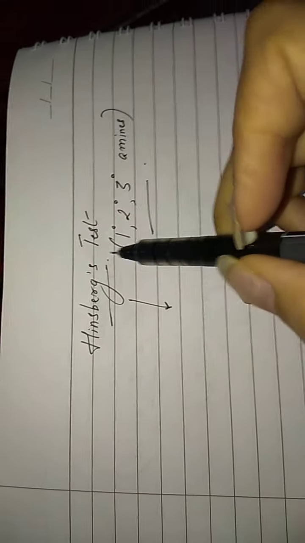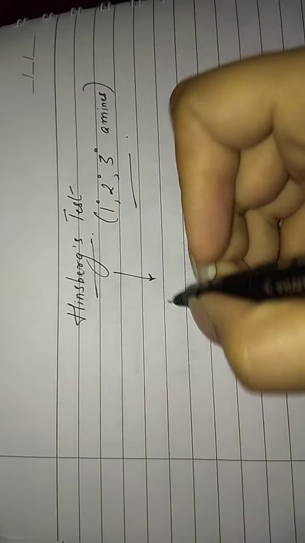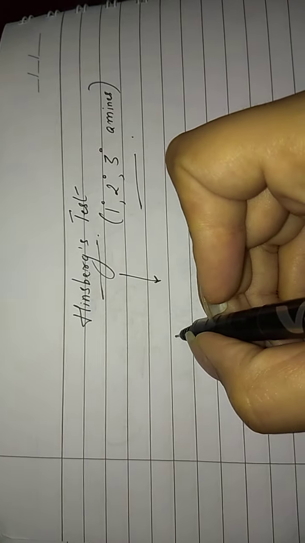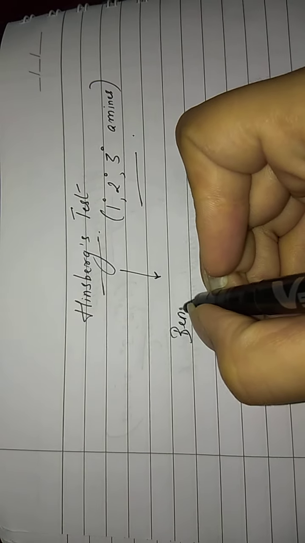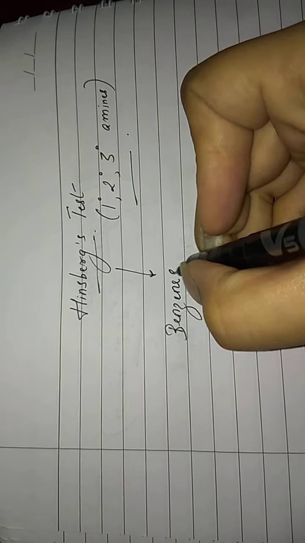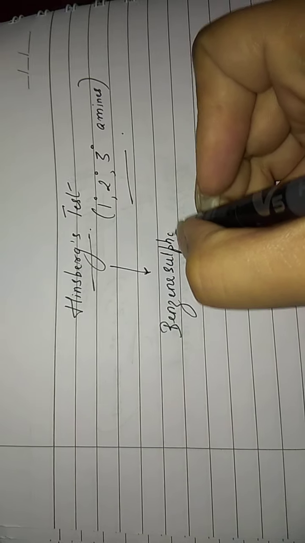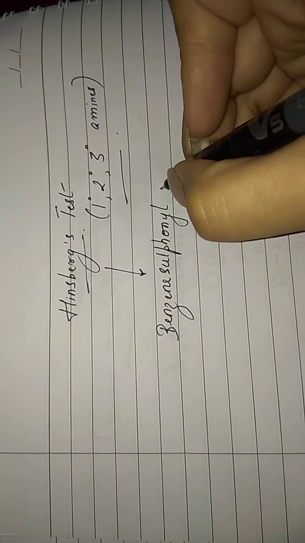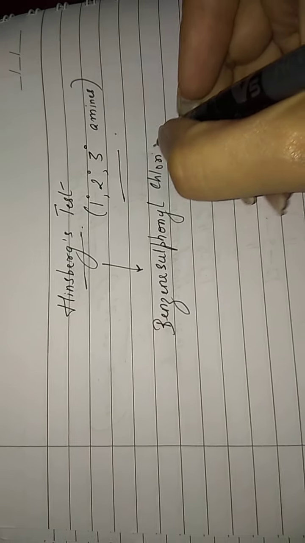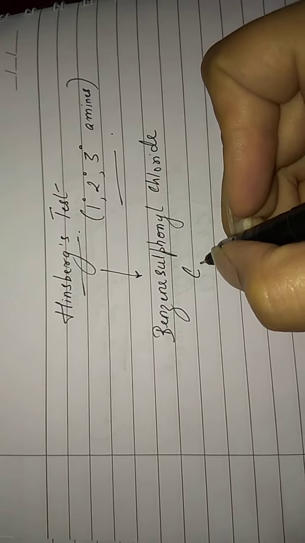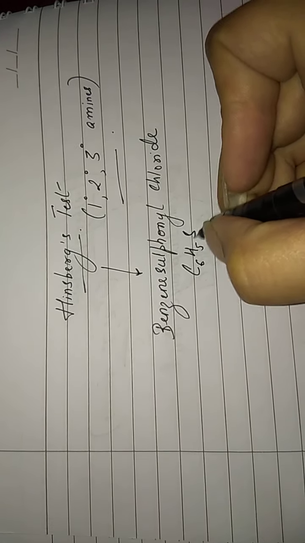Hinsberg's test. Now, Hinsberg's test is a test to distinguish between primary, secondary, and tertiary amines. For this, we require the Hinsberg's reagent, benzene sulfonyl chloride, C6H5SO2Cl.